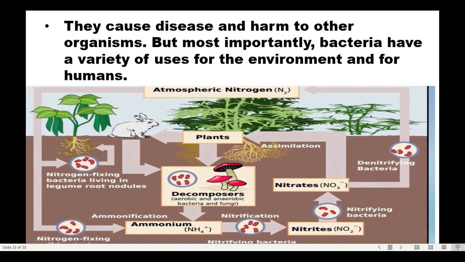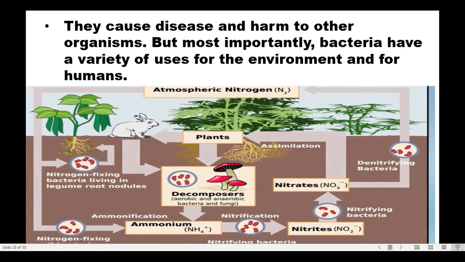So nakikita nyo yung picture, no? May halaman, may rabbit, and then ayun na. Yung mga nitrogen-fixing bacteria na nabubuhay sila dun sa roots ng isang halaman, okay? Ng mga legumes. And then, yung mga decomposers naman, such as bacteria and fungi, nakaabang lang din sila. Yan, tingnan niyo yung role na ginagampanan ng mga materials sa environment.